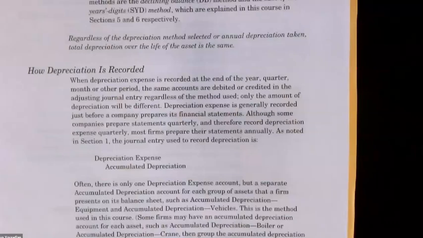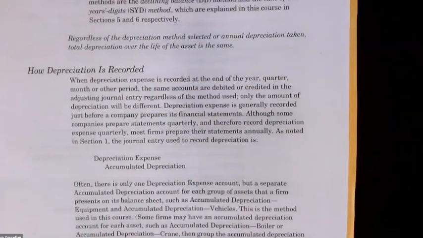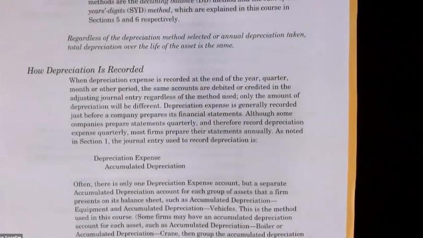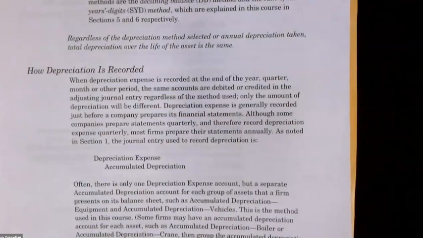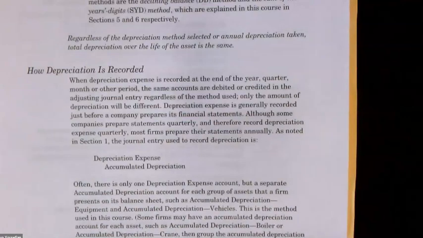The accumulated depreciation always shows us how much has been depreciated so far, for the last year or last 2 years or last 10 years, depending. Accumulated depreciation is a contra account to asset. So you have your asset less accumulated depreciation gives you net asset.